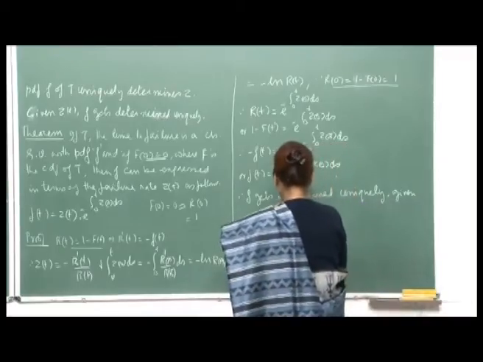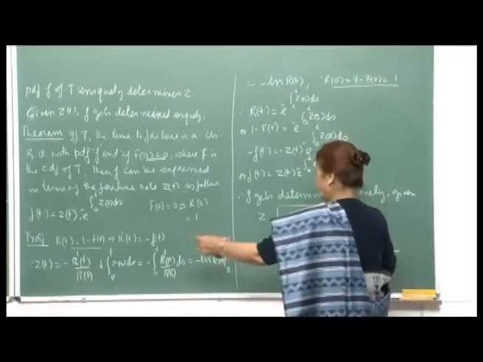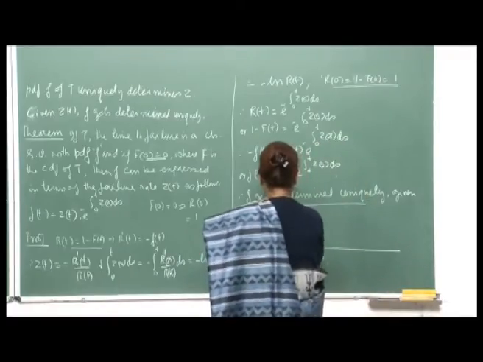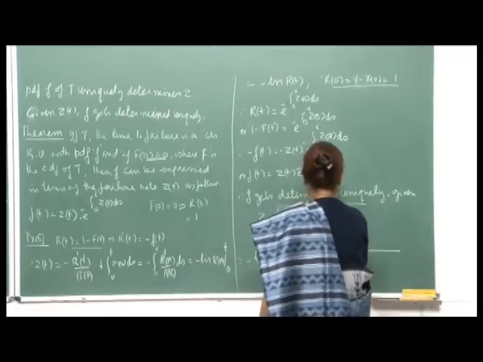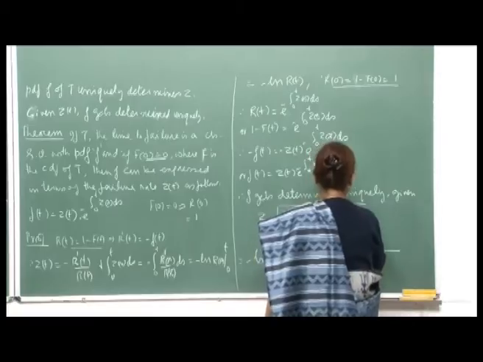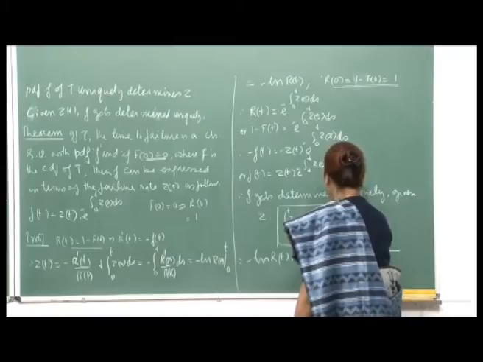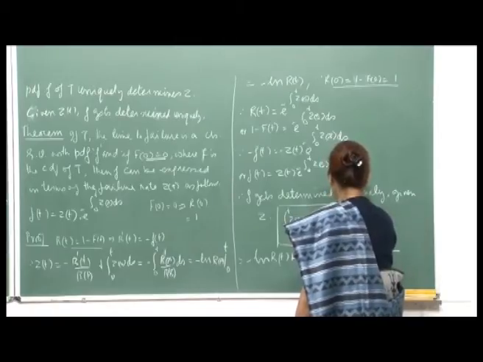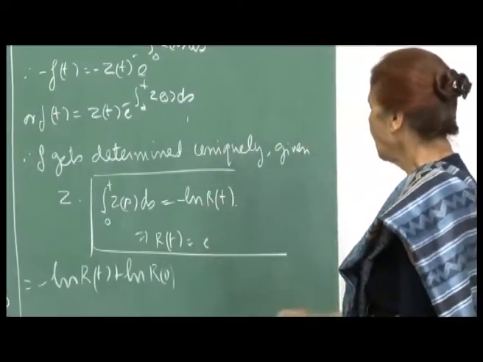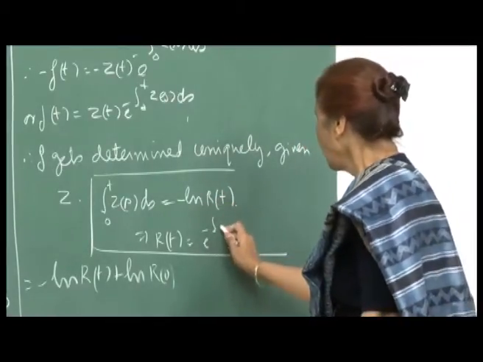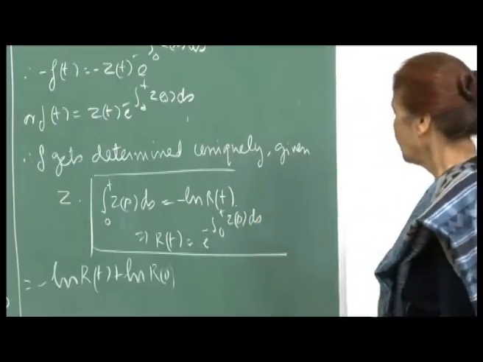So, what we obtained is integral 0 to t of z(s) ds is minus ln R(t), right. So, from here we are saying that this implies that R(t) is, so ln is, remember when we write ln, it means to the base e. So, this will be R(t) equals e raised to minus integral 0 to t of z(s) ds.